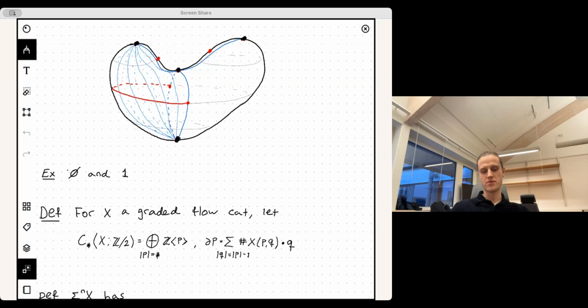But we would really like now to extract more refined homotopical invariants just from looking at this flow category. And to do that, we need to introduce some kind of homotopy theory.